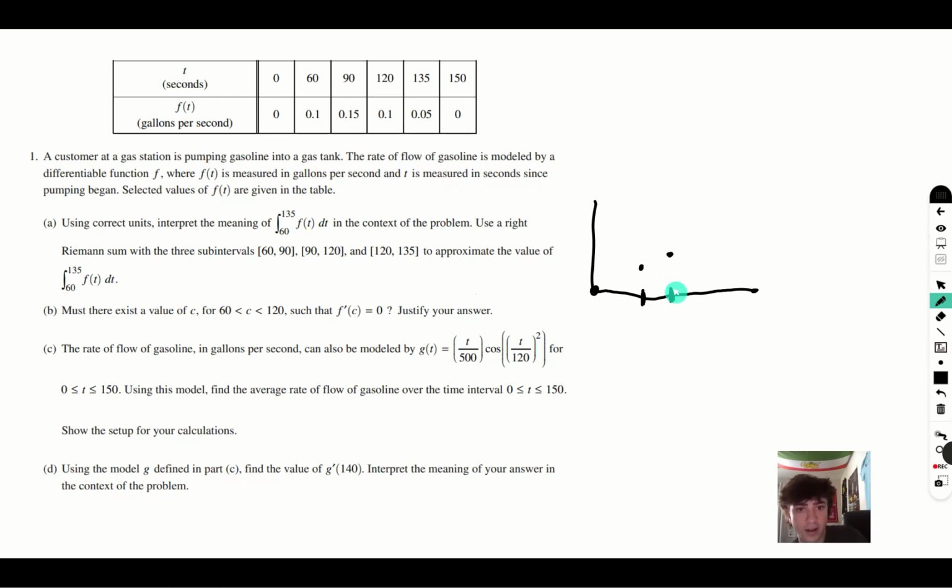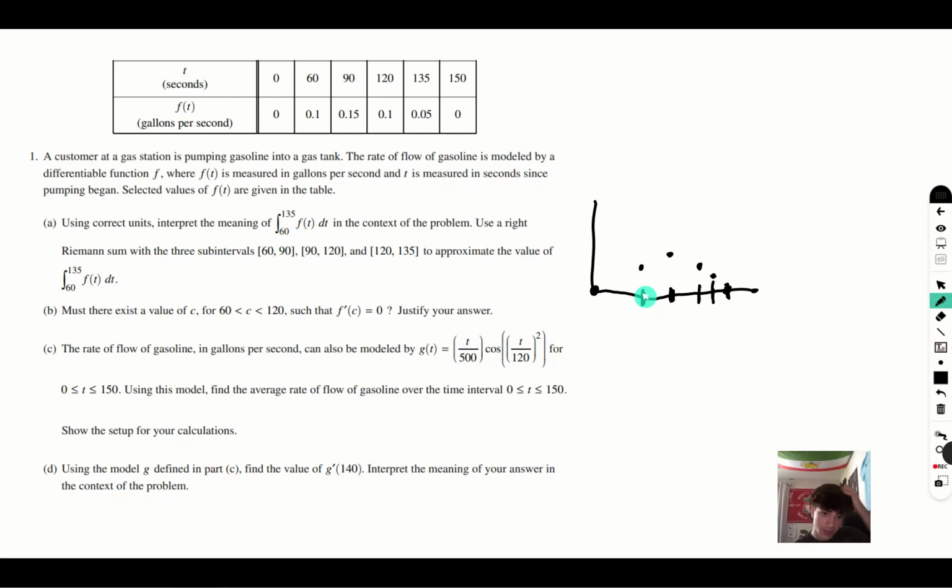At 120 seconds, it's back at 0.1. At 135 seconds, it's at 0.05. And at 150 seconds, it reaches 0 once again.